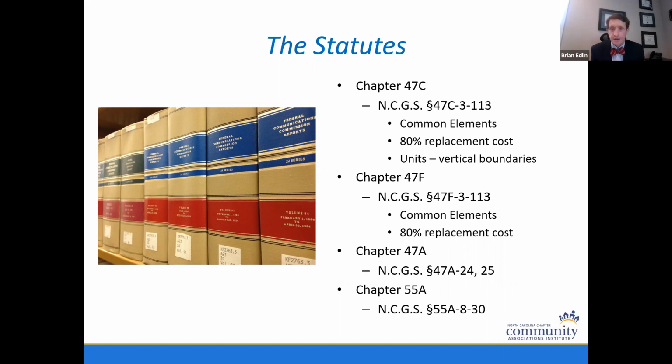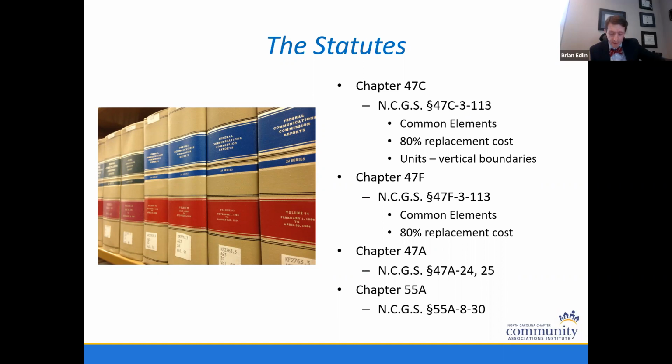The important thing to remember about casualty insurance for condominiums is, first, that a condominium association has a legal obligation under Chapter 47C-3-113 to procure property insurance on the common elements, insuring against all risk of direct physical loss commonly insured against, including fire and extended coverage perils. So that's common elements.